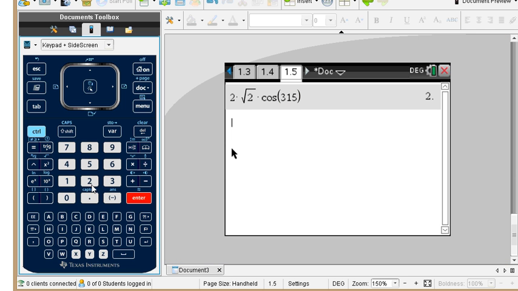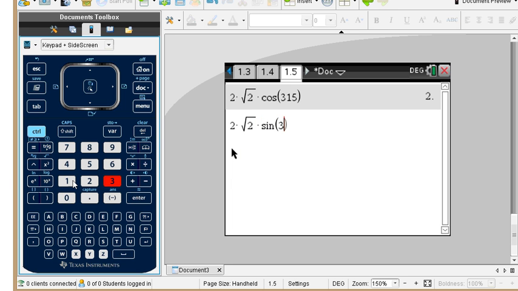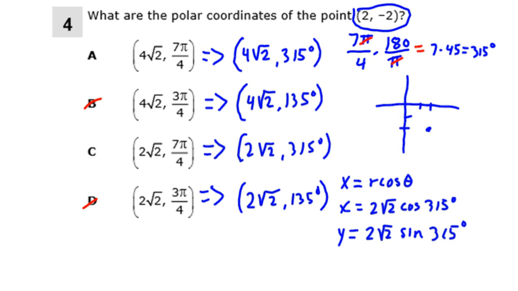Yes, we do. We'll do 2 times square root of 2 times sine 315 degrees. We should get -2, which we do. So the correct answer is, in fact, answer choice C.